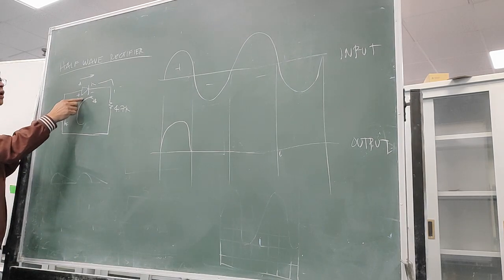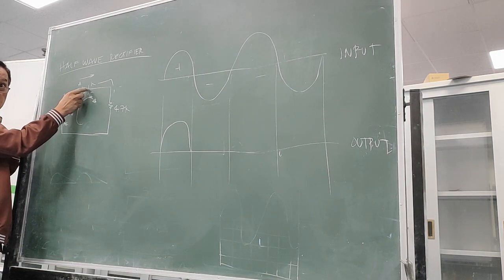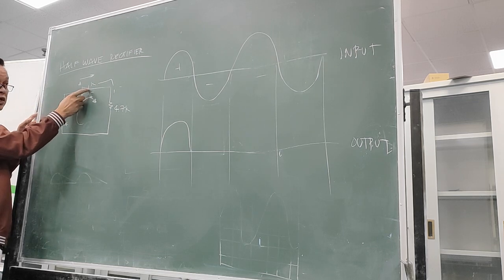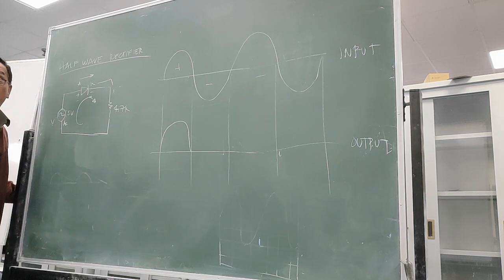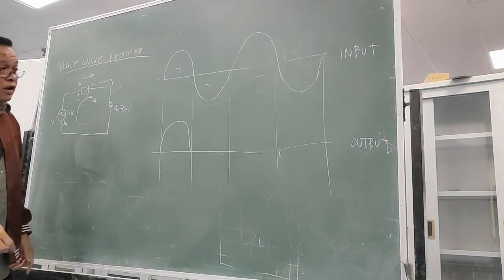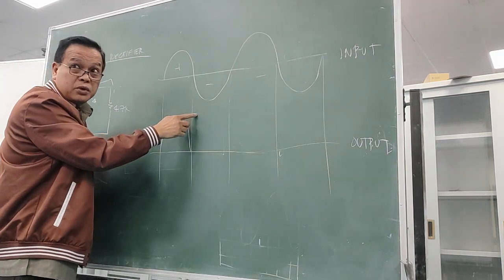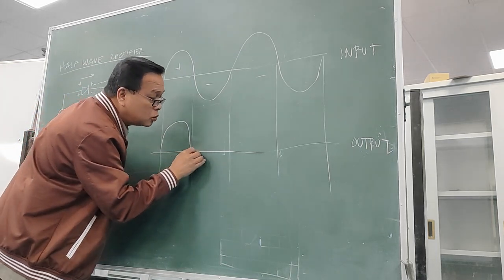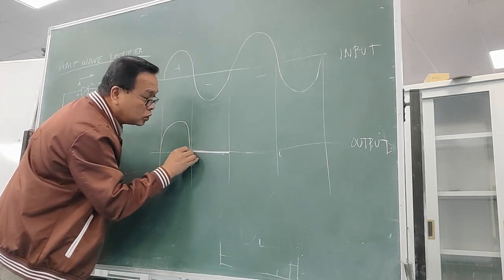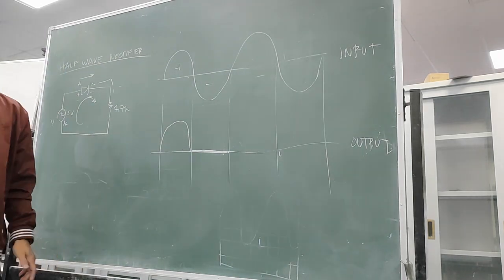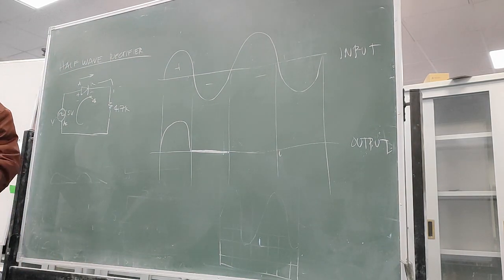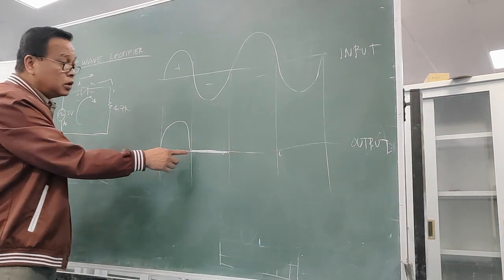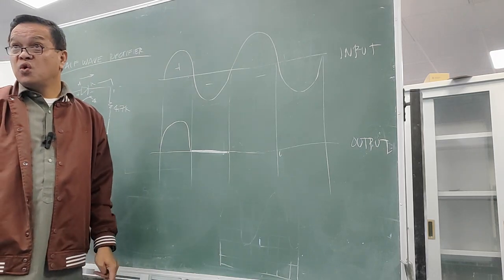If this is off, it is open, no connection. Is there an output or not? No output. So the output waveform is simply zero. You will not get any output on the next cycle. The negative cycle will not be allowed to go to the output, so it will give you 0.